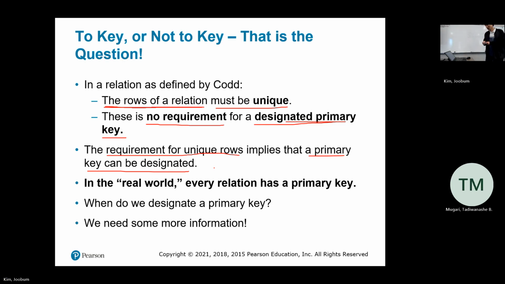But in the real world these days, you know that every table, every relation has a key, a primary key. Right? So we are able to select a primary key. In other words, when do we designate the primary key? In order to do that, we need some procedure.